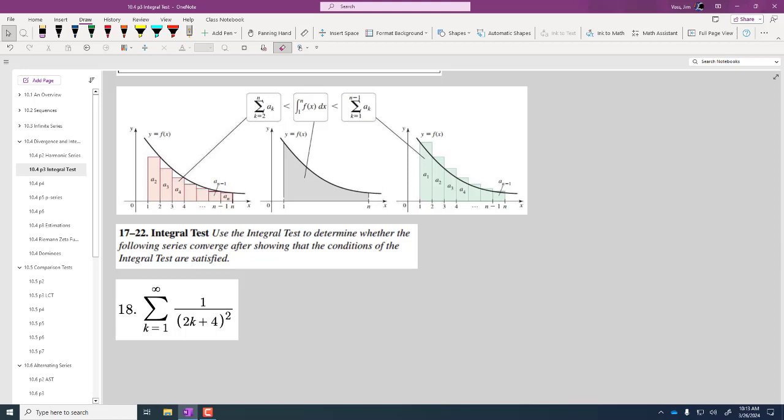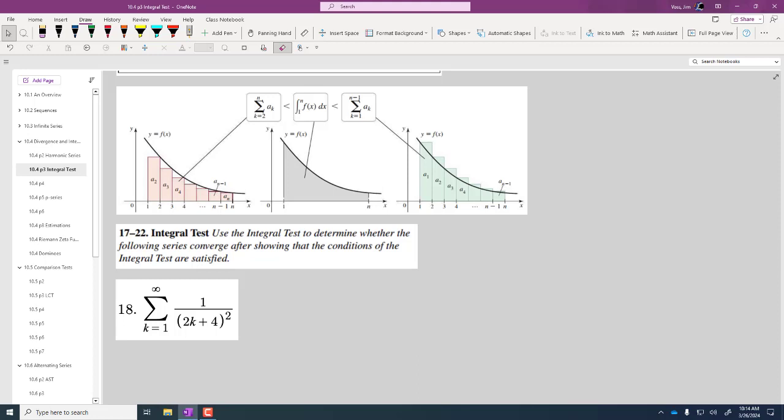Everyone agree the definite integral is just the area beneath the curve from 1 to n right there? Now we're going to look at here the leading terms from k equals 2 to k equals n. So these terms right here are the leading terms.